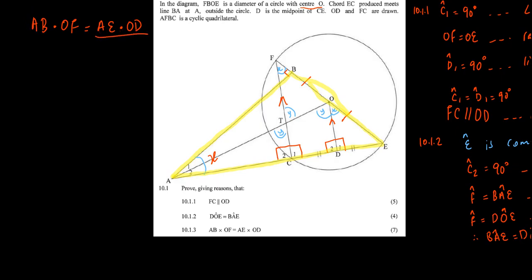So I'm going to divide both sides by AE, so that I have AB over AE being equal to OD over OF, because of that one, right? So it's like I divided both sides by OF.